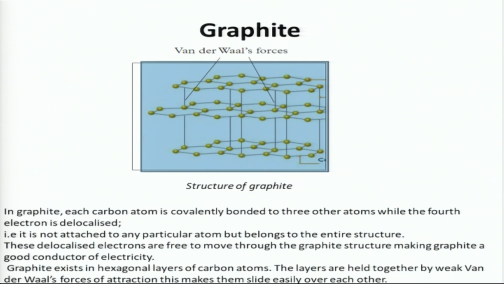Each carbon is bonded to 3 other carbons, and you find that another electron is just left free. So it means that 1 electron is just free. The terms we use here, we say it has a delocalized electron, free movement of electron.